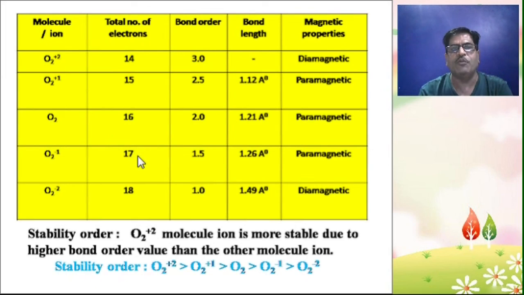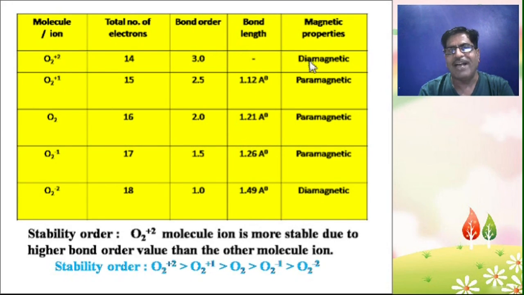In O2 minus 1, 1 electron is added, so 16 plus 1 is 17, and in O2 minus 2, 2 more electrons are added in O2, so 18 electrons. So the bond orders are 3, 2.5, 2, 1.5. Here the bond order value is decreasing, and the bond length is increasing. So if bond order decreases, bond length increases.